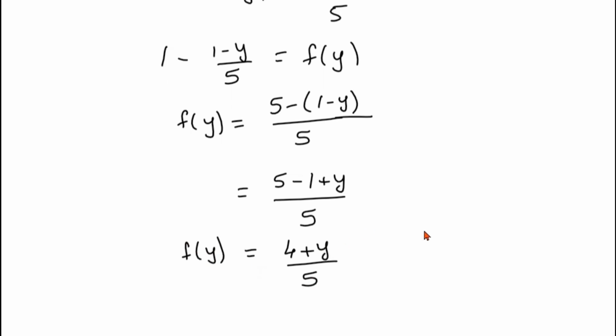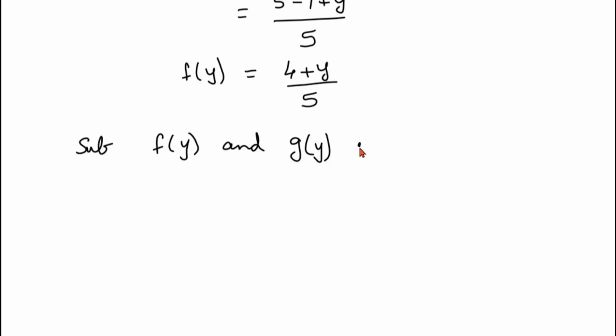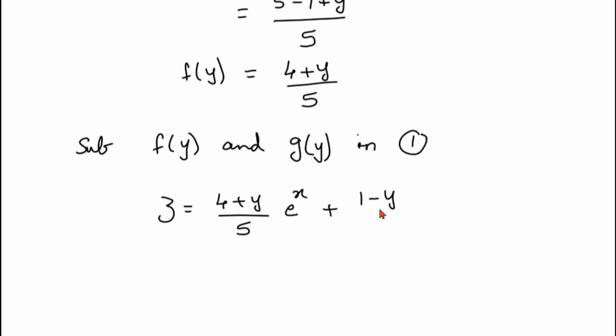Let us plug in this value back in equation number 1. Substitute the values of f(y) and g(y) in equation number 1. So we get the value of z to be equal to f(y), whose value is (4 plus y) divided by 5, times e^x, plus g(y), whose value that we have got is (1 minus y) divided by 5, times e^(-4x).